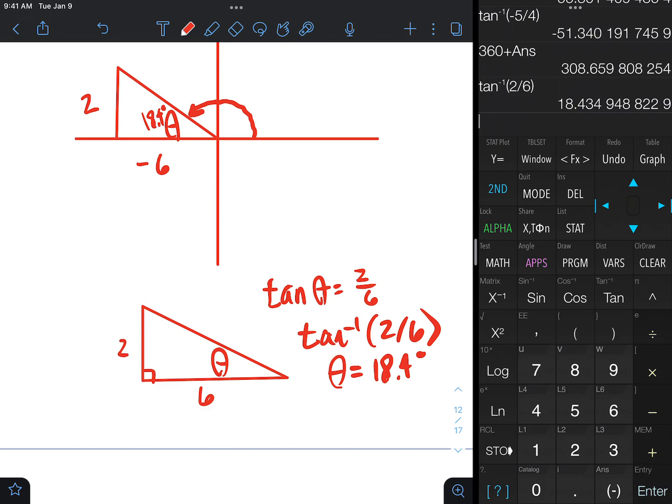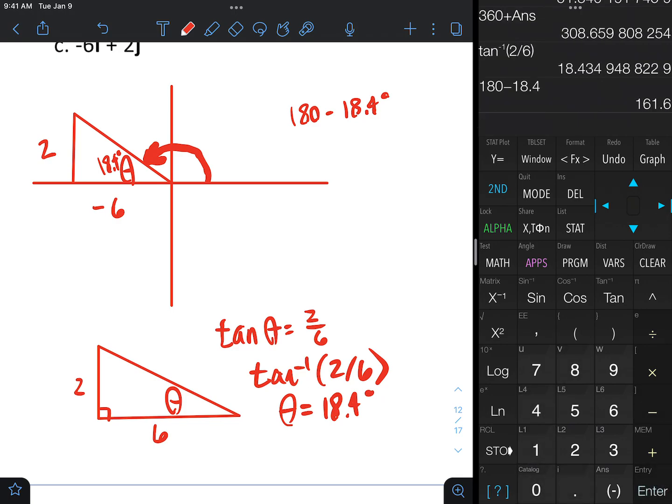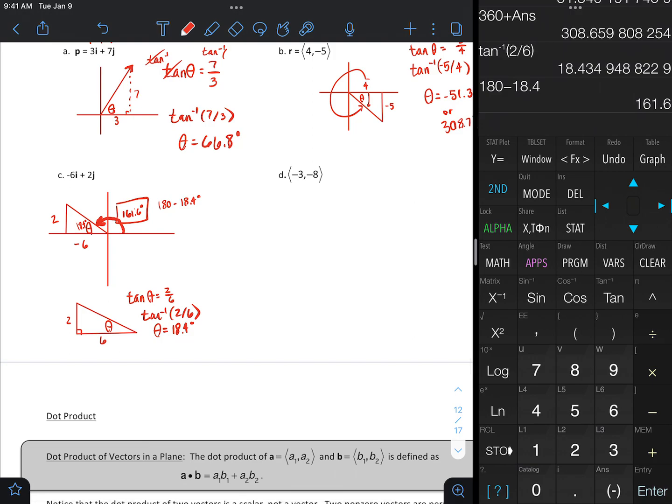If you think about it, use logic to find this angle on the outside, using the idea that it makes a straight line. You can just go 180 minus the 18.4 degrees. And that comes out to 161.6 degrees. So that's probably how I would do that.